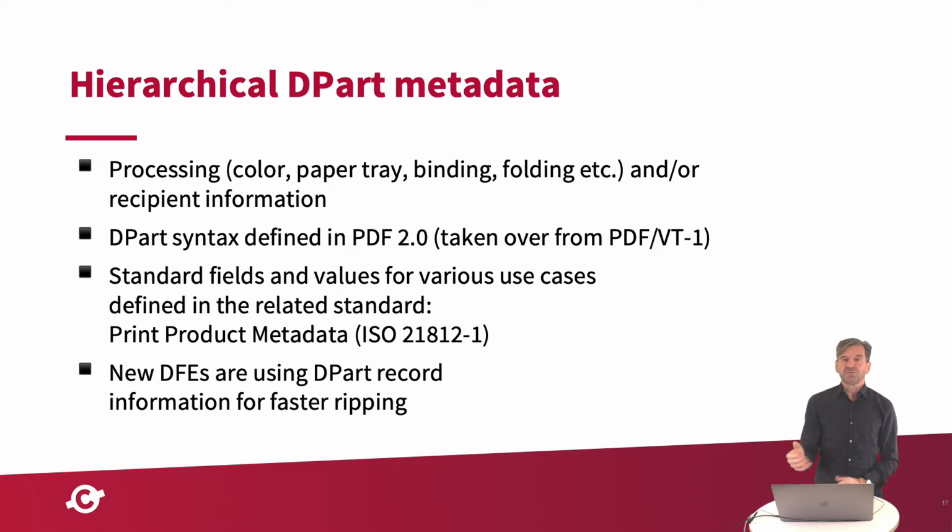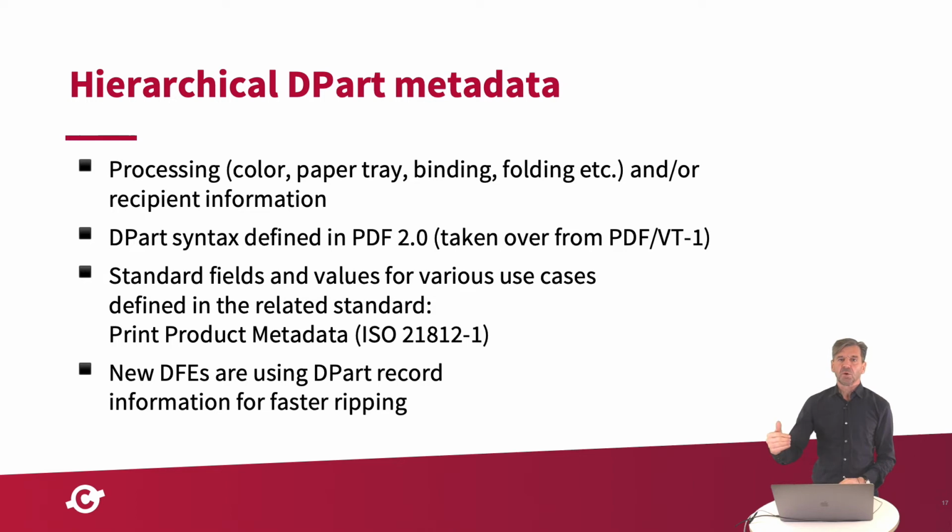What we have seen from support cases, and which is already there in reality, is that DPart is used for optimized and faster ripping. So that came to me as a surprise. In support, we received an inquiry whether we, with pdfToolbox, could not just read DPart, whether we could also insert it into a PDF file. And again, to me, it was a surprise. What I learned from this case and afterwards also from other cases is that some DFEs are using record information.